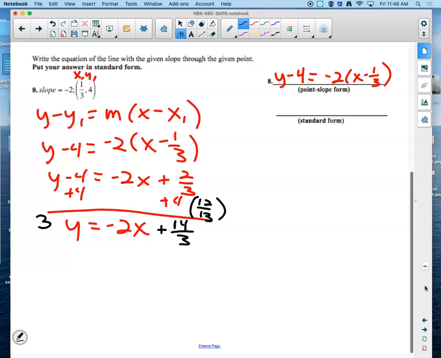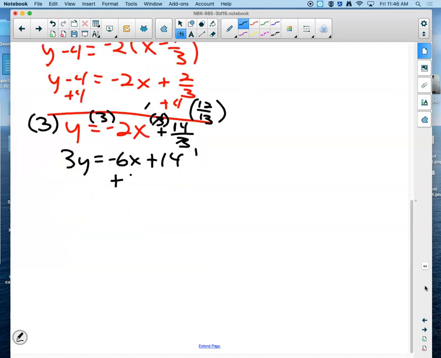Let's do it. Let's get rid of the fraction. And again, the 14 thirds, the 3's are going to cancel on the top and the bottom. Super duper close, right? What's left? Yep.